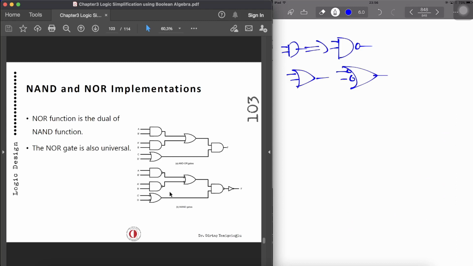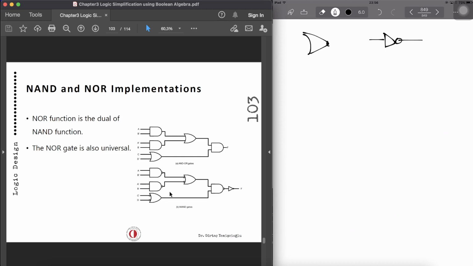Now, the NOR function is the dual of the NAND function, so it's also universal. I can just show you the same examples that we have done for the NAND. They can be applied to NOR as well. So the inverter gate, we can also implement it with NOR by tying two inputs together.